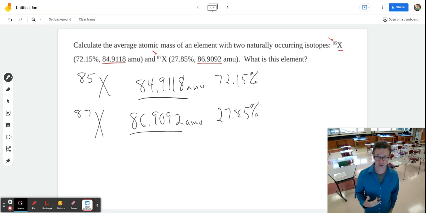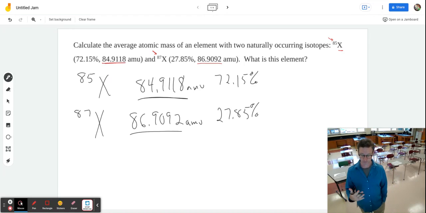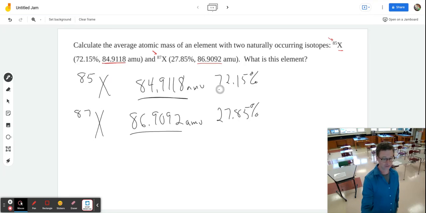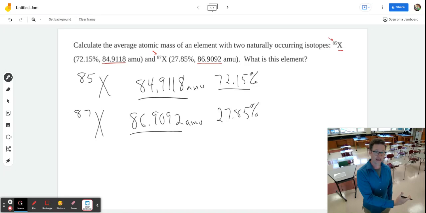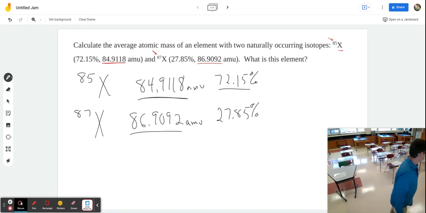Okay, so the average atomic mass should be closer to 85 than 87, because there's just more of them. Just like in the example of the students versus the teacher, since there are more students with the lower age, the average of all the ages put together should be much closer to the younger age than the older age because there are more people with that particular age.